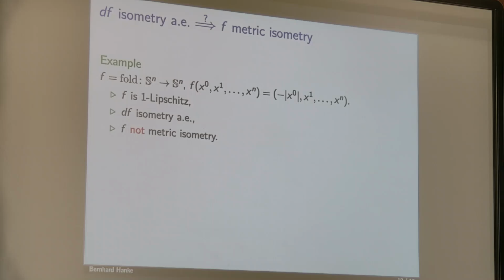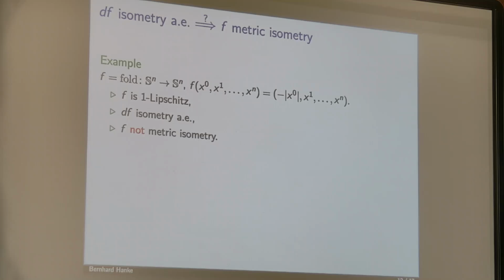And to understand what's going on here, let's look at this example. You take a map from the round sphere to the round sphere, which leaves all the coordinates x1 up to xn as they are. And here with the first coordinate, the following happens. If it is negative, it stays negative. If it's positive, then it becomes negative. So this map is 1-Lipschitz.